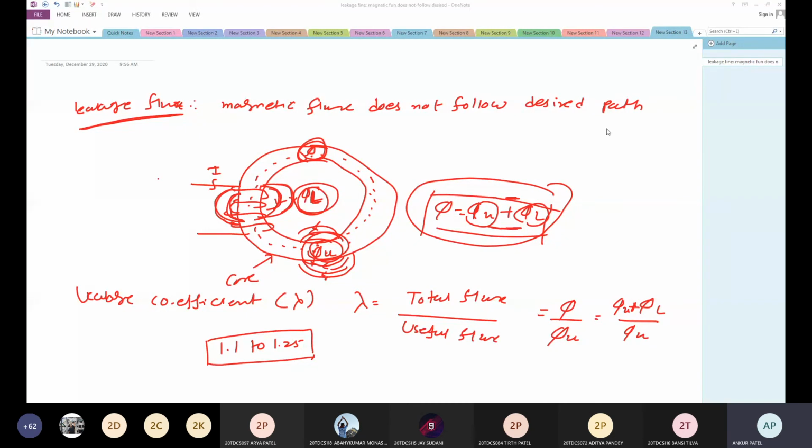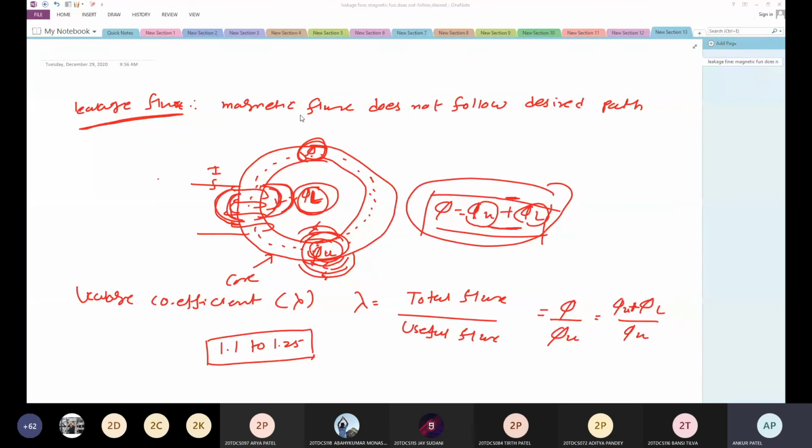So I have covered the fundamental terms of electromagnetics: Faraday's electromagnetic induction, Lenz's law, Fleming's right hand and left hand rule. Now we'll go for the dynamically induced EMF and statically induced EMF in the next lecture, where I am going to cover practicals.